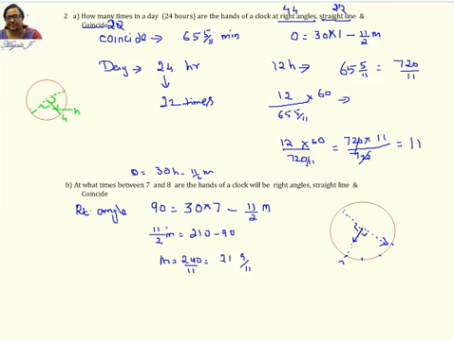Find out that time. How will you find that? Any clue? Just say whatever you know. It's not going to be a straight line, because your hour hand is somewhere here.